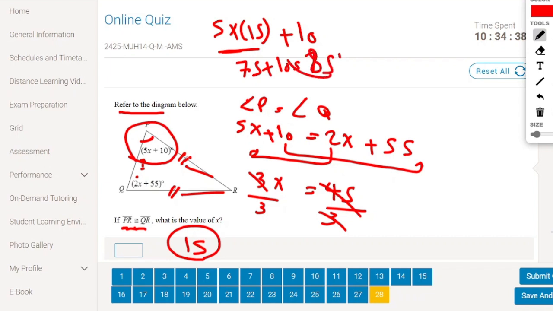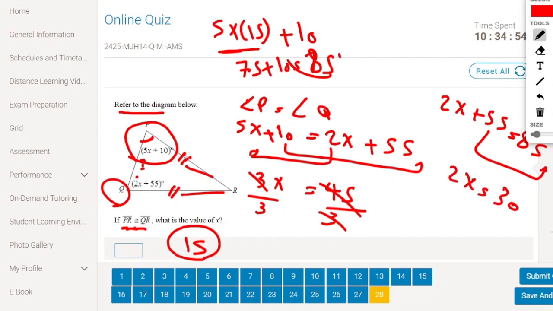So angle Q also will be equal to 85. Let's try and see: 2x plus 55 equals 85. Now 55 goes to the other side, so 2x equals 30. Divide by 2, so x will be 15. This means that my answer is right.